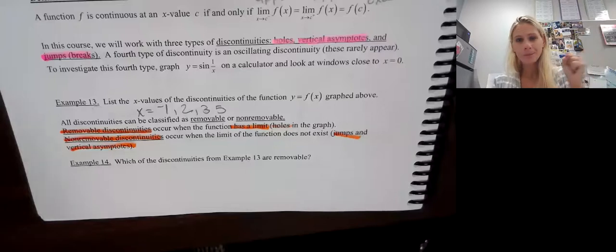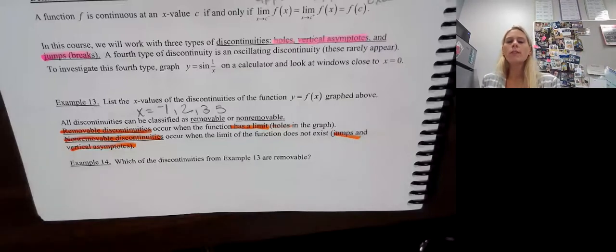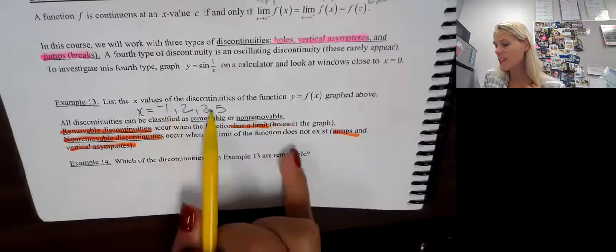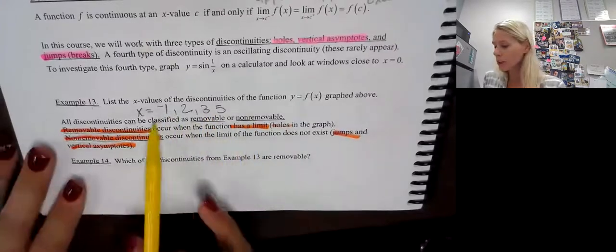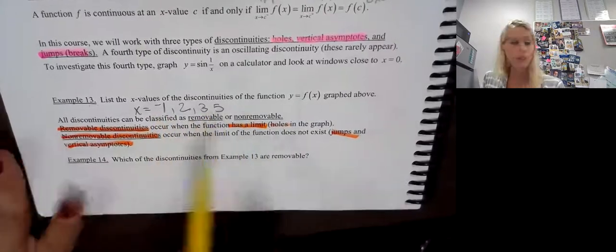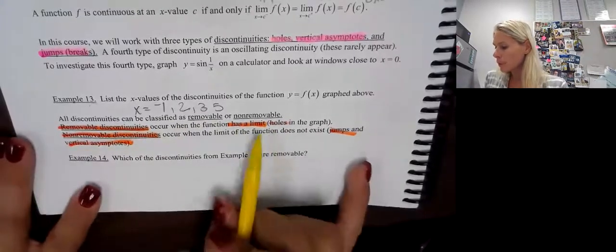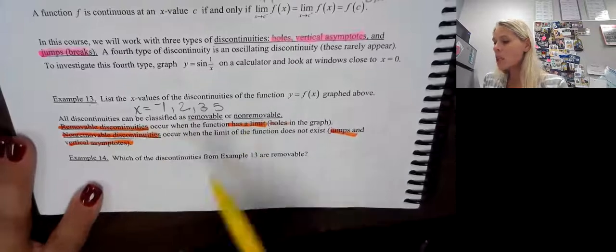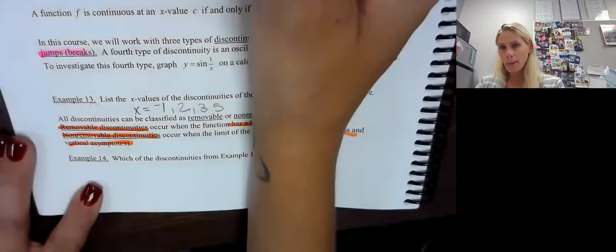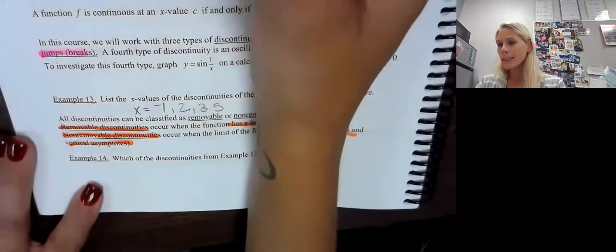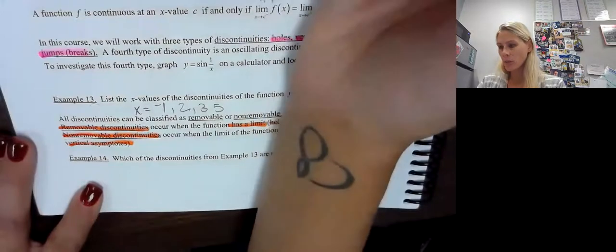Which of the following from example 13 are removable? It says example 13 because these are the discontinuities, so our answers can only be -1, 2, 3, or 5. Removable, or holes, means the limit exists. So if you go back up to your examples of limits, which numbers exist?